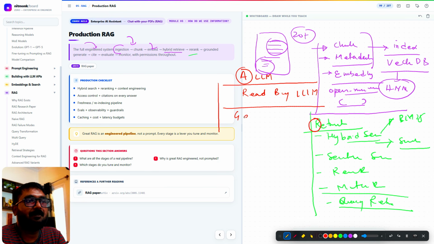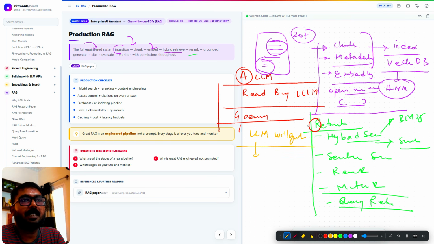Then generation happens, and the LLM tries to generate the answer from what it has got from retrieval and augmentation. Once it produces the answer, there are other techniques that we apply.